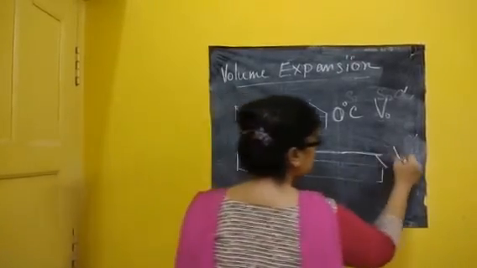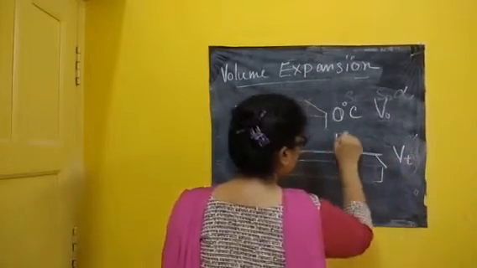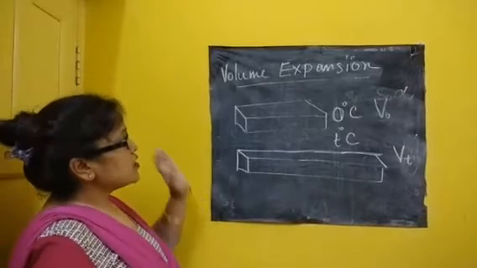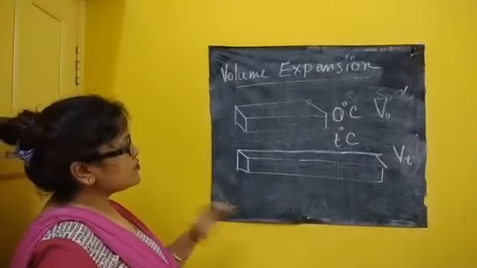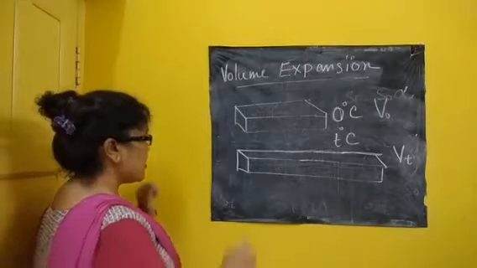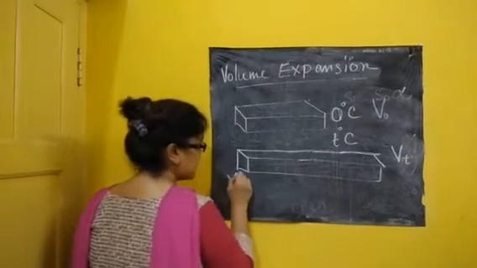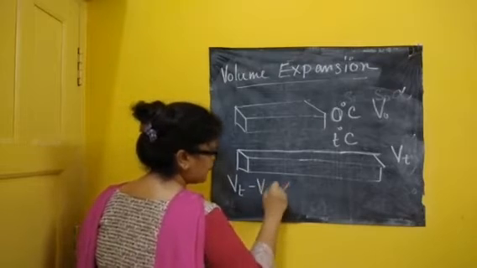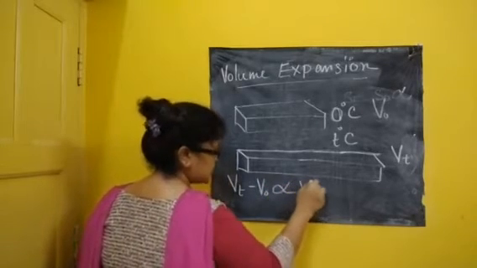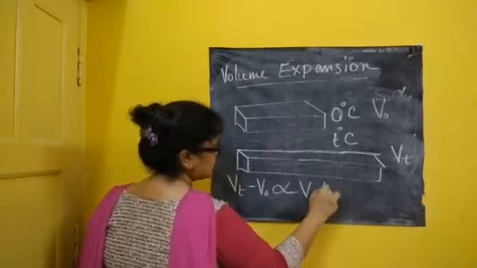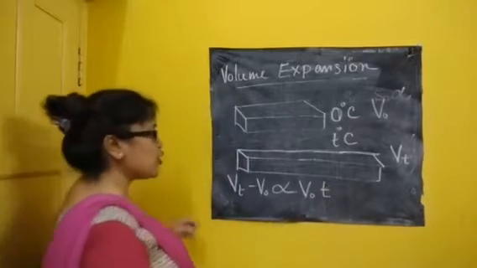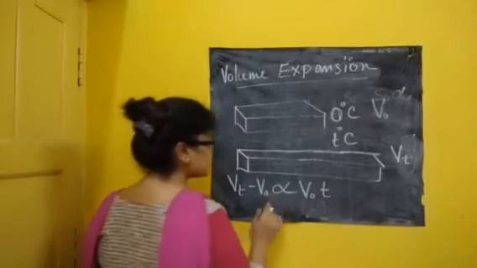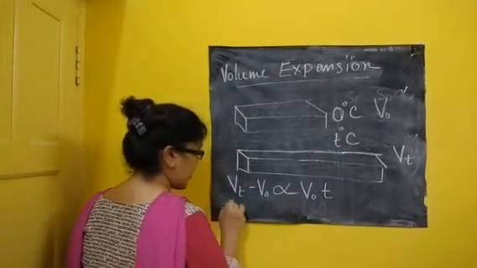So right now it is Vt at T degrees Celsius. Just like linear expansion and superficial expansion, here the change in volume, Vt minus V0, will be proportional to the initial volume and the change in temperature. Clear?